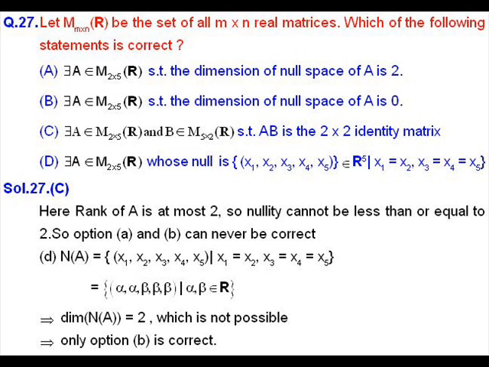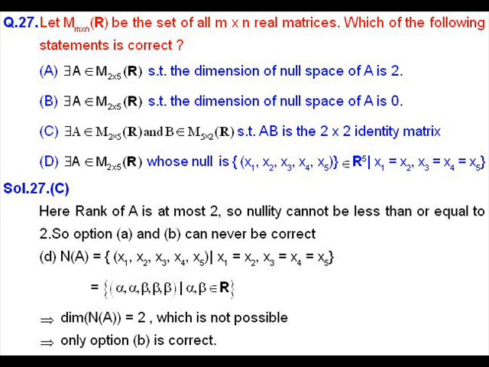Now since in options A and B, A is a 2 cross 5 matrix, it has a maximum of 2 rows, and we know the rank of a matrix is the number of non-zero rows. So the rank of the matrix is either 1 or 2. So if we consider the maximum rank of A, that is 2, then the nullity of A will be 5 minus 2, that is 3.